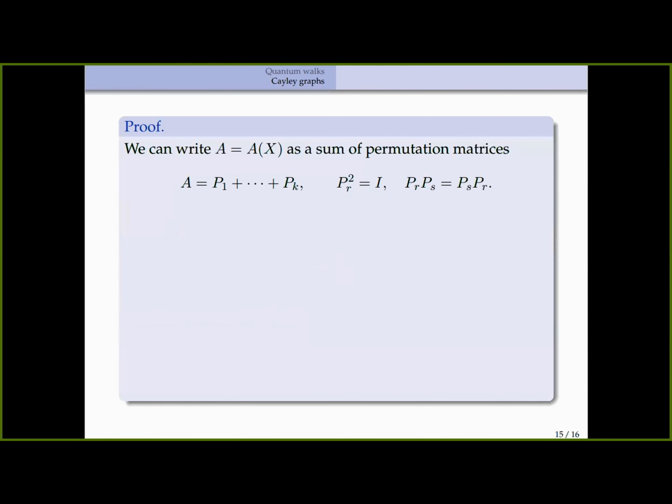Okay, and the proof is actually quite simple. As I said before, we can write the adjacency matrix as the sum of these permutation matrices that correspond to the elements of the connection set. But they are now living in an elementary abelian 2 group, and so they're all going to have order 2, and they commute with each other.